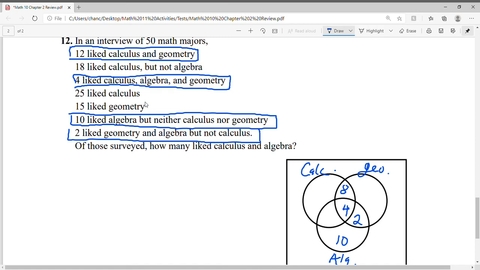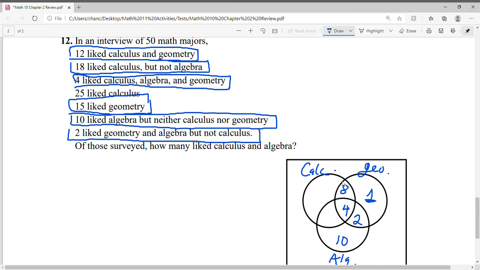We know 15 people like geometry altogether. I have 8 plus 2 plus 4. That gives me a total of 14. So since geometry altogether must be 15, this has to be a 1. 18 liked calculus but not algebra.